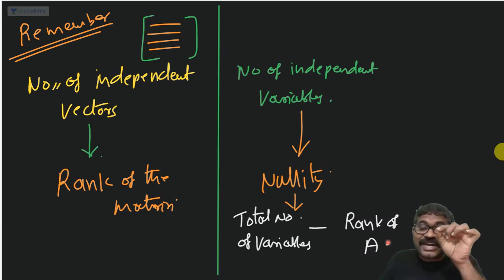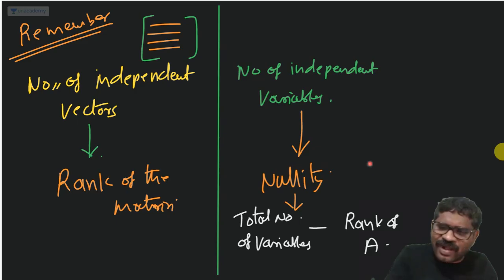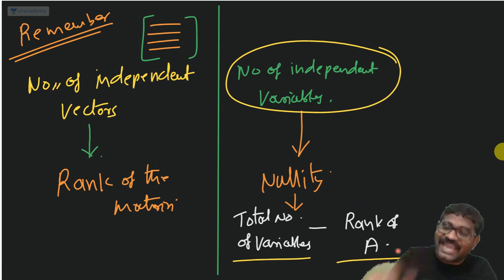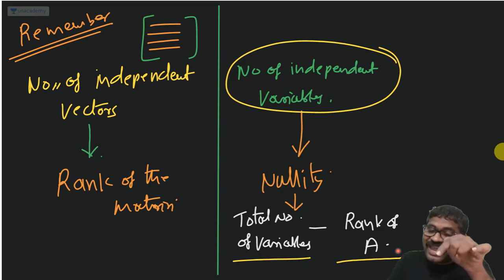Please understand. Here free variables, that is, number of independent variables, are nothing but total number of variables minus rank of A. Rank of matrix A gives nullity.